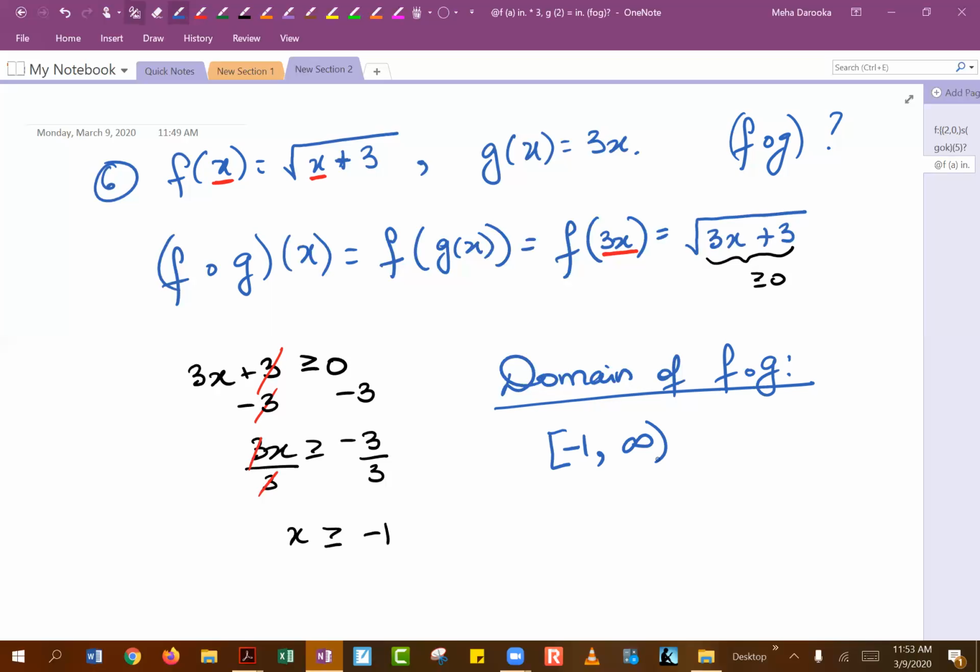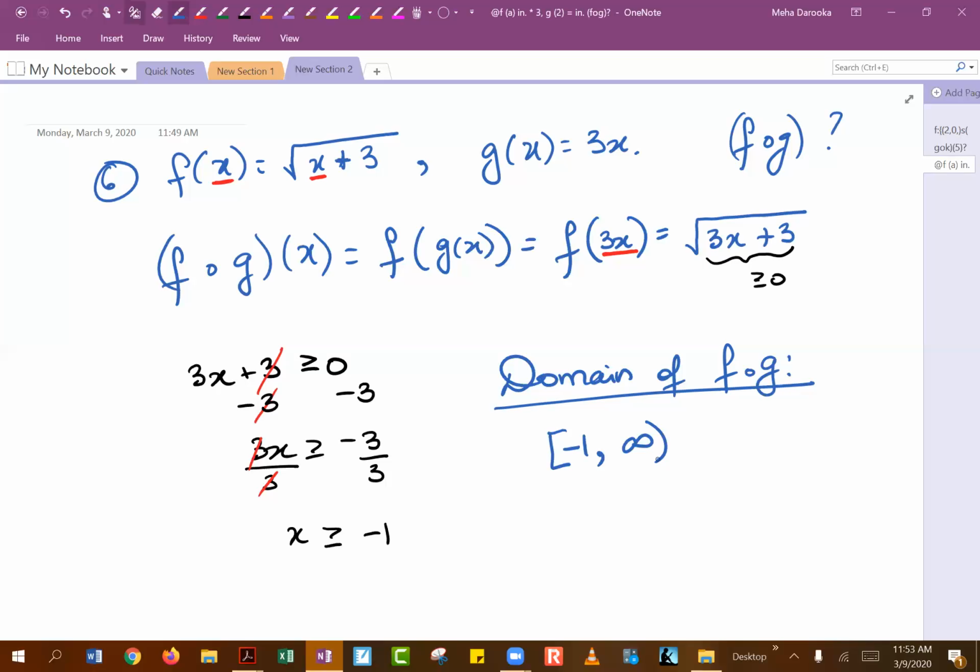Okay, so once you find your composition, f of g, where g is going inside of the f function, g was 3x, which means everywhere in the f function, replace the x with 3x, which gave us the square root of 3x plus 3.